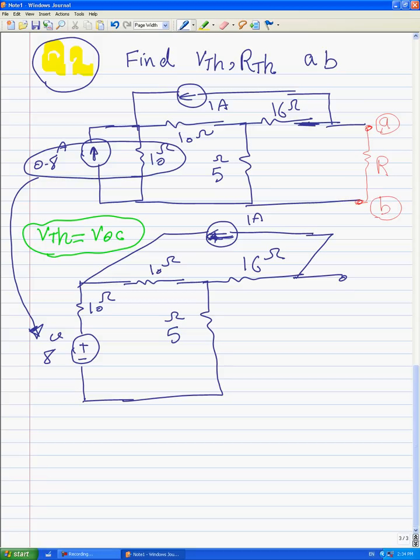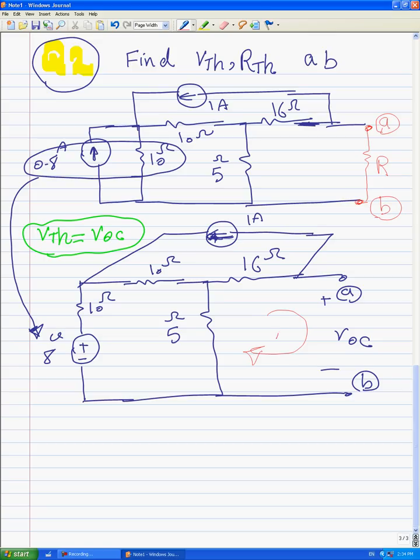And here we have terminal A and terminal B. The final goal for this part is to find the open circuit voltage or Thevenin voltage here. In order to find the Thevenin voltage, again, the key is to apply KVL in this loop.